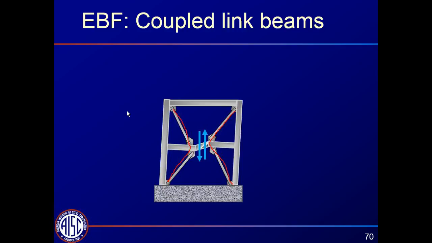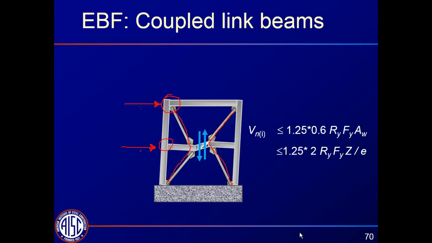So we could really design this link beam as if 100% of the force causing it to yield came here, or 100% of the force causing it to yield came here, or we could make some reasonable assumptions about the distribution above and below. If we take the absurdly conservative one, which is 100% could come here or 100% could come here, that's really going to affect the design of these connections and make them very, very conservative.